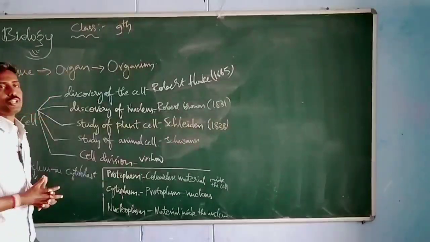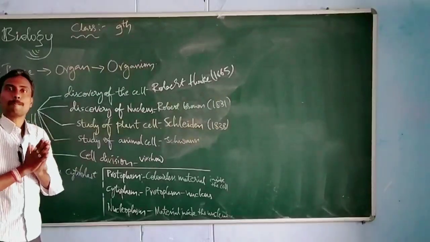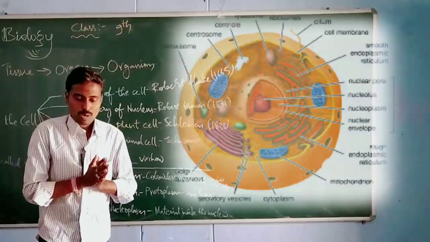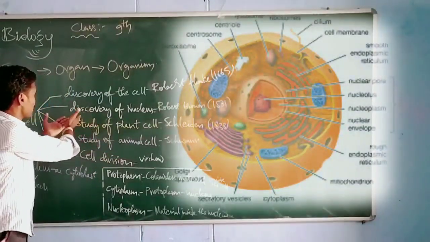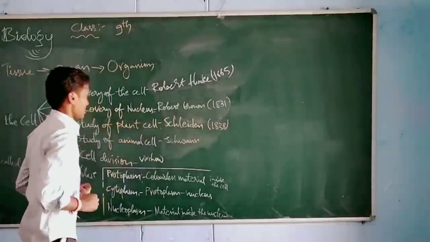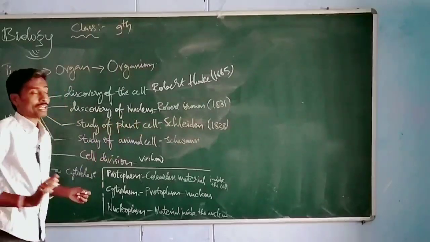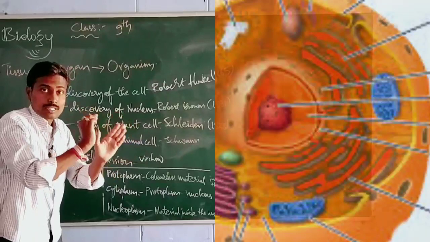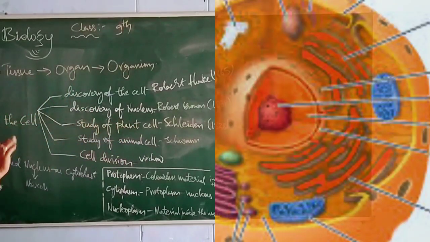Now we are going to discuss what kind of organelles are present inside the cell. For example, previously we discussed the nucleus, which is a major organelle. Let me give clarity before discussing that: what is meant by organelle? First of all, what is meant by cell?